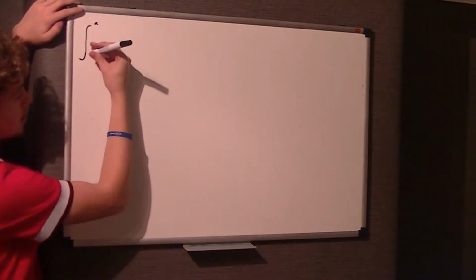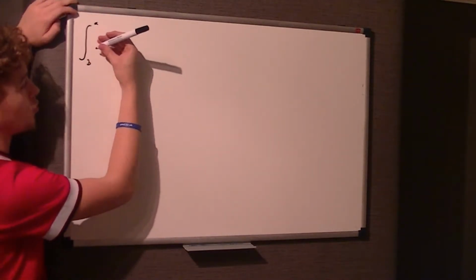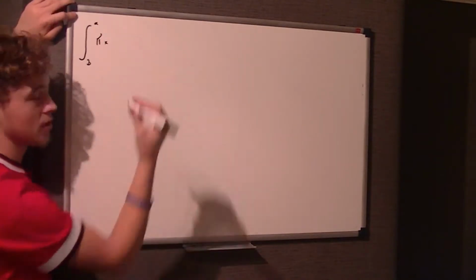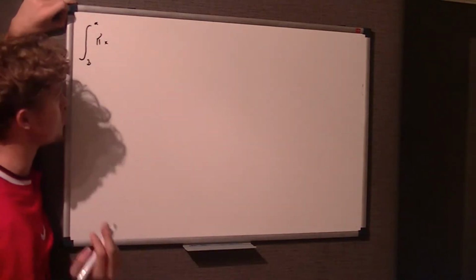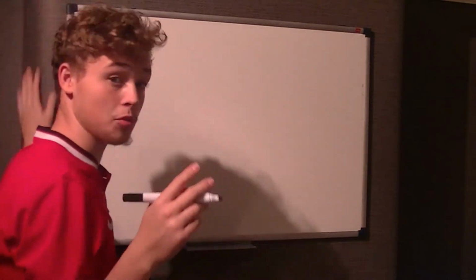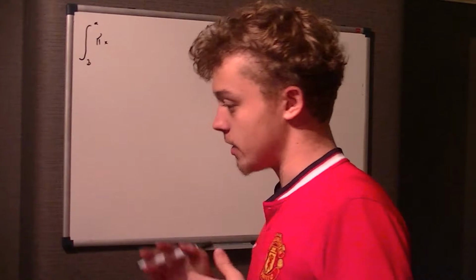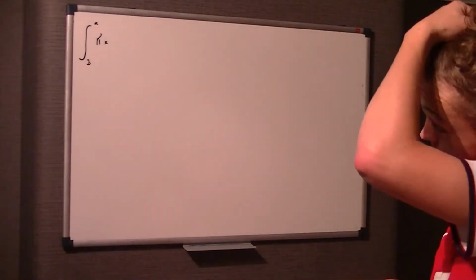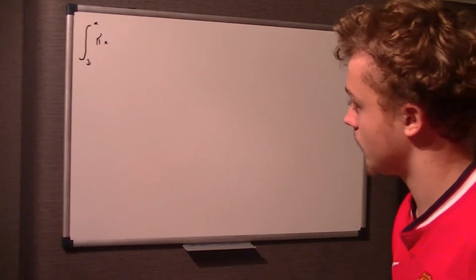You get your limits a and b, and you will be integrating pi times. Now, if it's around the x-axis, you use y squared because y squared equals the function of x. So, if you're integrating around the x-axis, this makes sense. Then you use the y coordinates because you're going over the y coordinates.